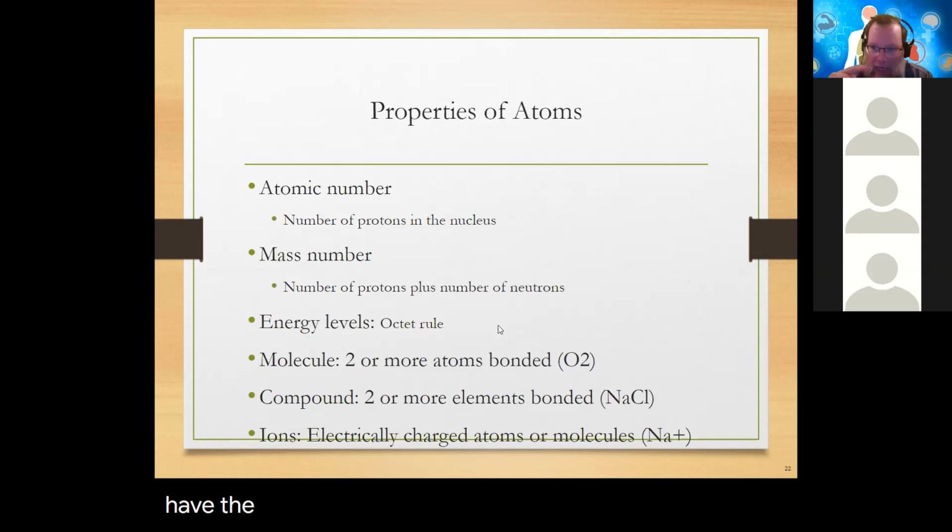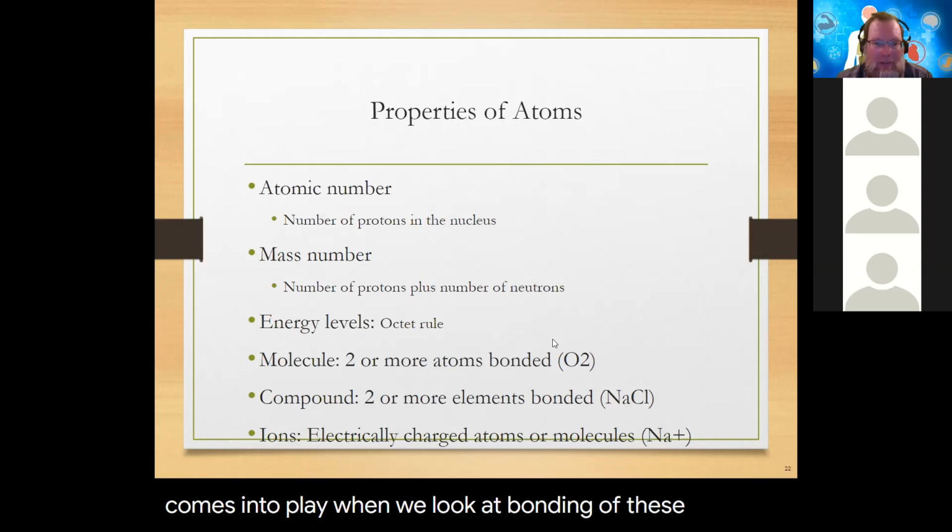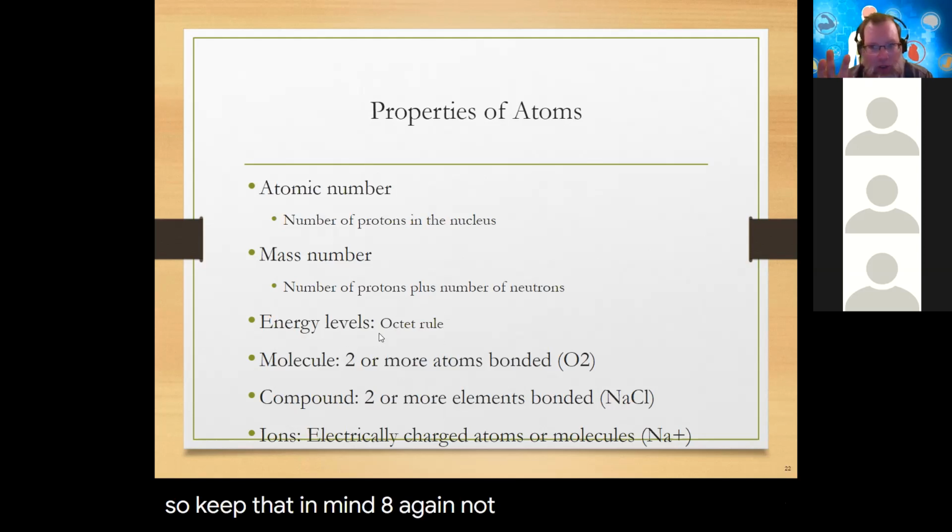The first layer of the electron cloud is only going to have 2 maximum electrons. After that, subsequent layers can have up to 8. And that rule of 8 or octet rule comes into play when we look at bonding of these elements. Okay, so we'll keep that in mind. Again, not hugely important, just slightly.